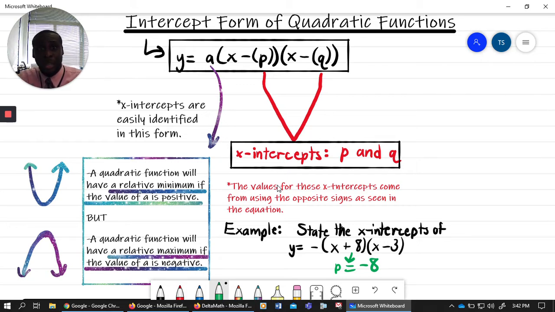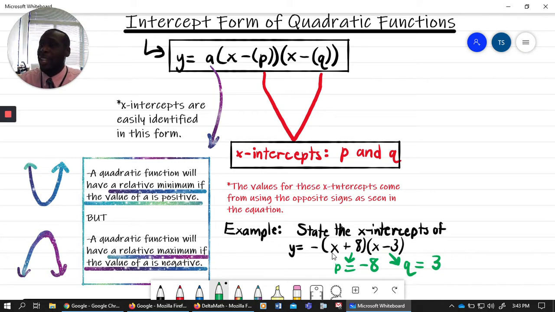In the equation it says positive 8, so one of the x-intercepts is going to be the ordered pair negative 8, 0. And the other x-intercept is going to be the ordered pair positive 3, 0. Because if we use the opposite signs there, we get the P and Q as the x-intercepts. So again, negative 8 and positive 3.